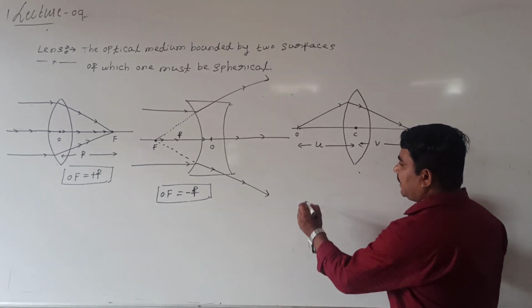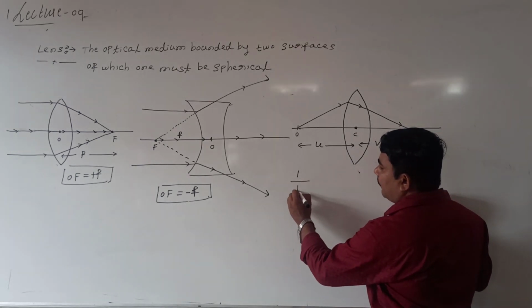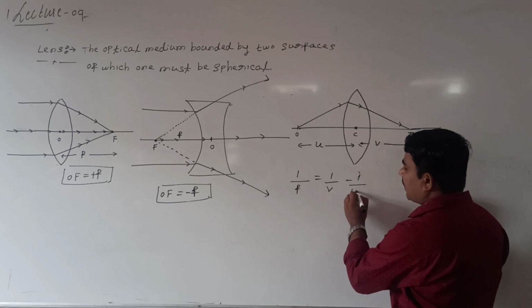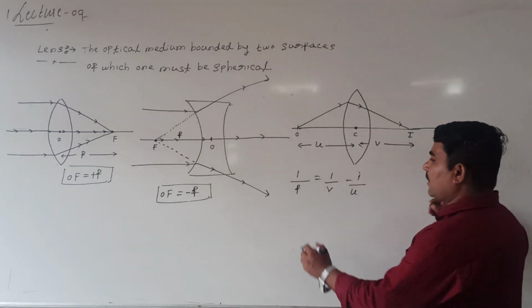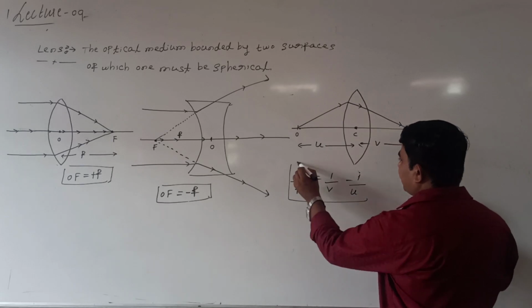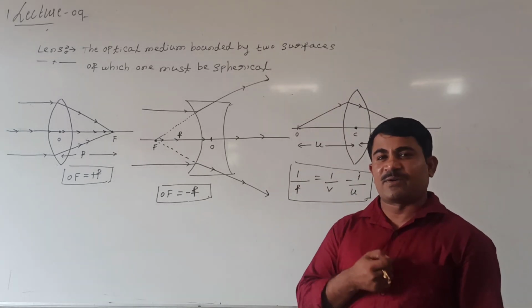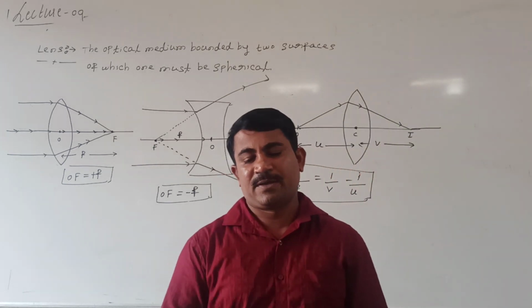The lens formula is simply 1 divided by f is equal to 1 divided by v minus 1 divided by u. This formula we call the lens formula. This is not for our derivation, just remember this formula.